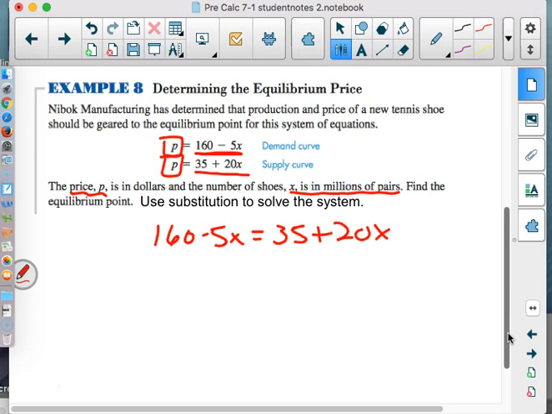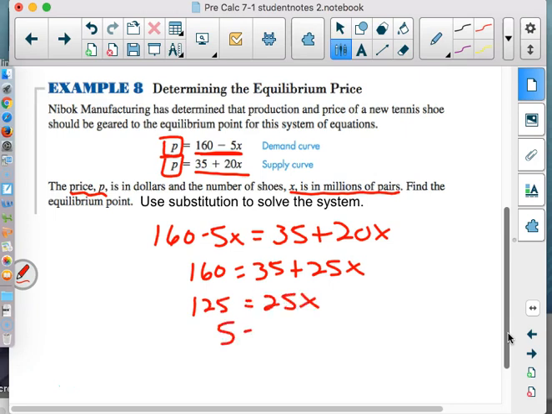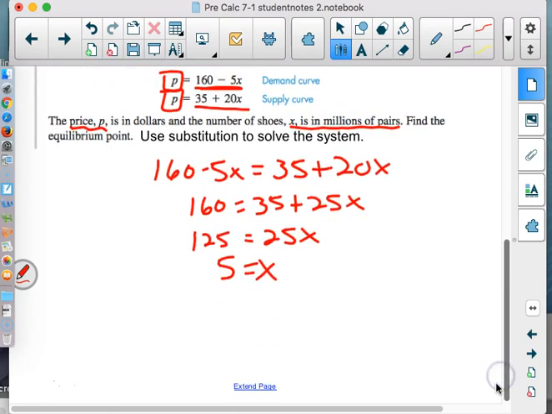So if we add 5x to both sides and subtract 35 from both sides and divide by 25, we will get 5. So that means they need to produce 5 million pairs of tennis shoes.